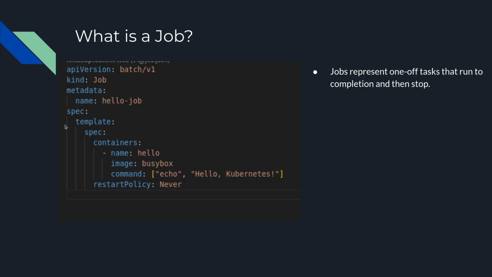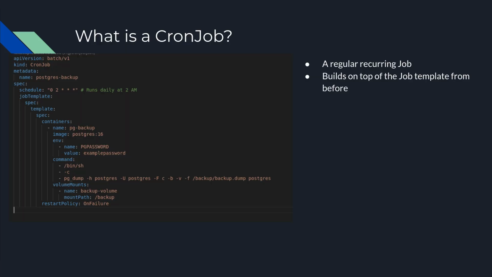Again, we have the template of the pod in there, and a small bit of syntax sugar, the restart policy, which should actually be in the pod as well, just to make sure how you want to handle it when it encounters an error. But for things like database backups, you probably want to do it nightly, weekly, whatever.